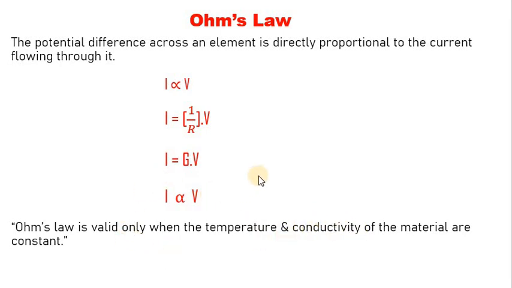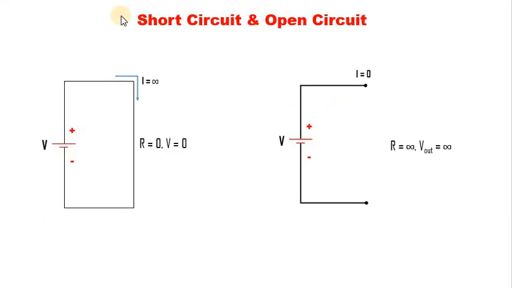All right. Now coming to the last topic, which is the concept of short circuit and open circuit. You may find a situation while solving a circuit that a path is being short circuited or that path is being open circuited. So what is the scenario there? If this path here is shorted, that means the resistance of this particular path has become 0.